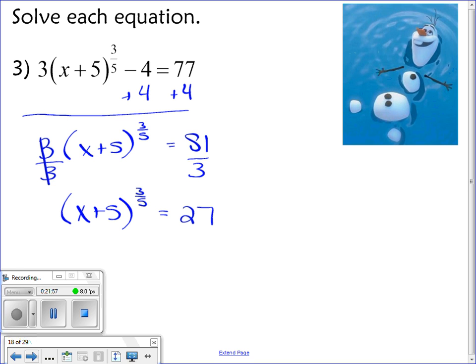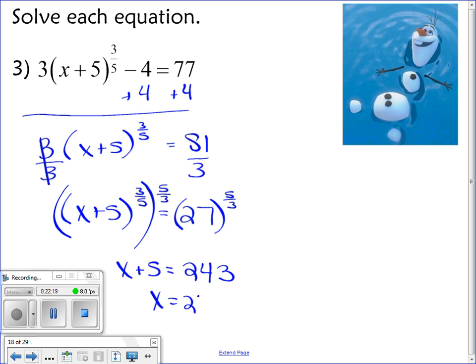So now I can raise it to the reciprocal, which is 5/3. Good. It is not even at the bottom, so I don't have to worry about the plus minus. What do I get here? Okay. Subtract the 5.